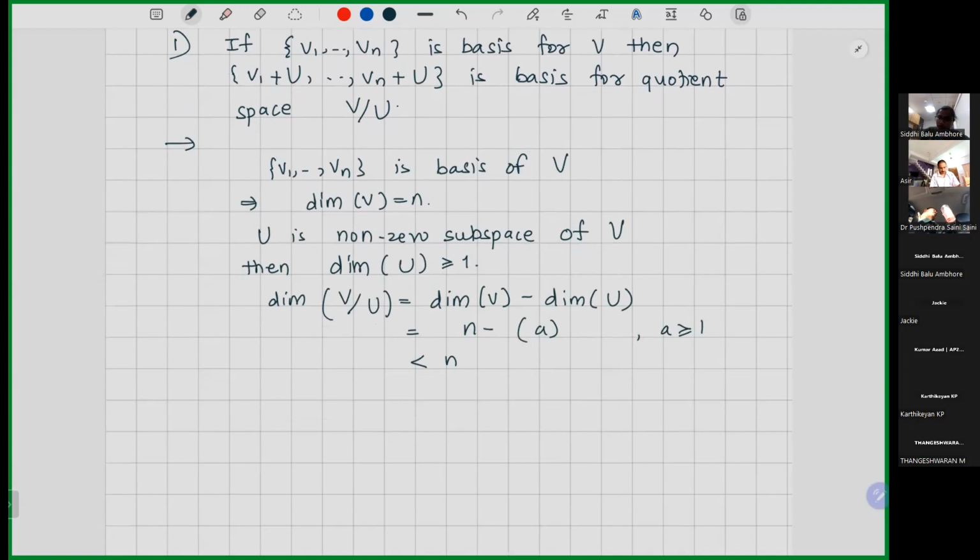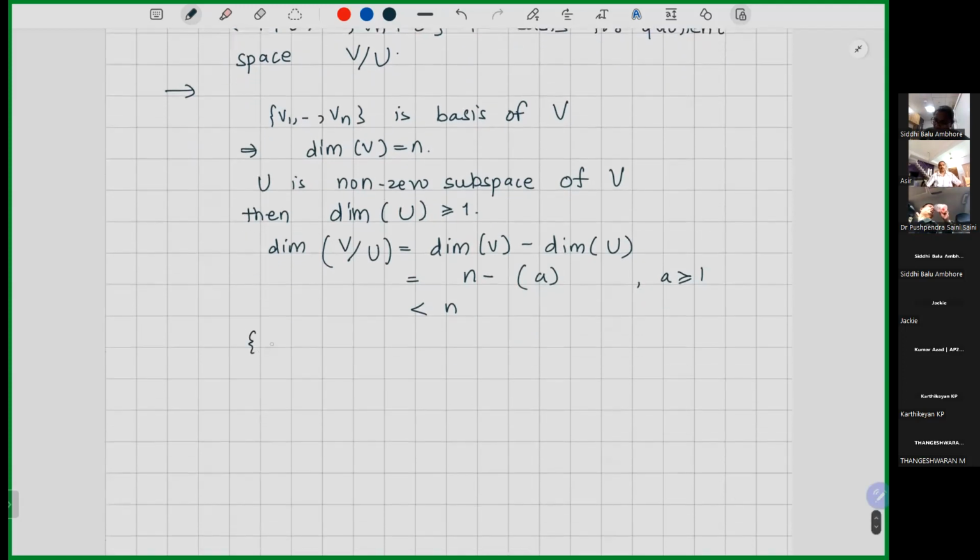And this set V1 plus U to Vn plus U, if I call this set S, then the cardinality of S is n, but the dimension of V by U, we got that it is strictly less than n.